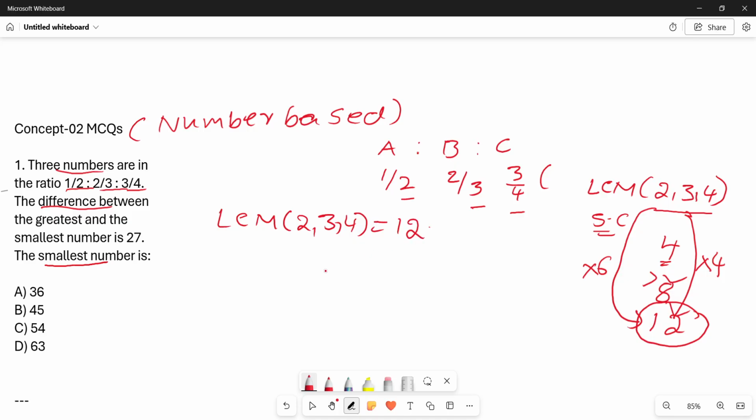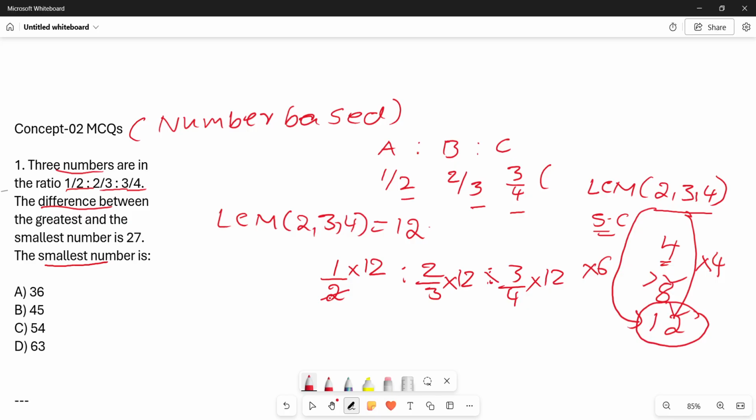So multiply the ratio with 12, you will get the answer, guys. 1 by 2 into 12 is to 2 by 3 into 12 is to 3 by 4 into 12.